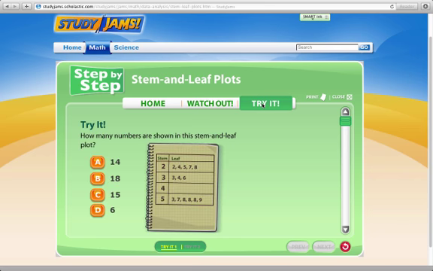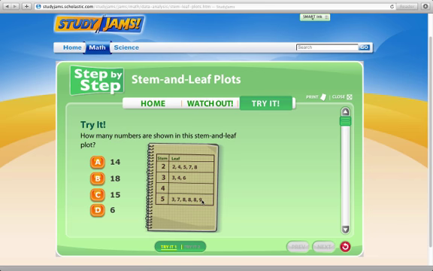How many numbers are on this stem and leaf plot? I see the number 22, I see the number 24, 25, 27, 28, 33, 34, 36, none in the 40s, 53, 57, 58, 58, 58, 59.